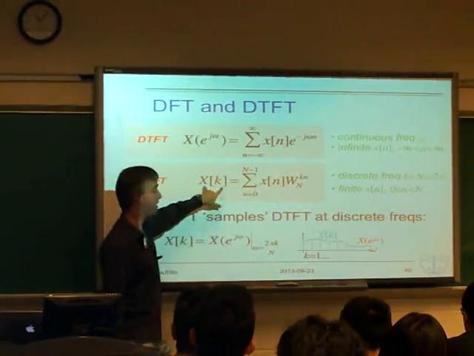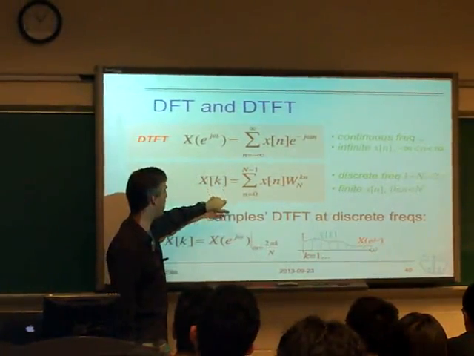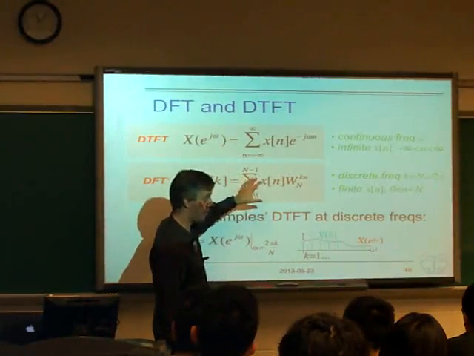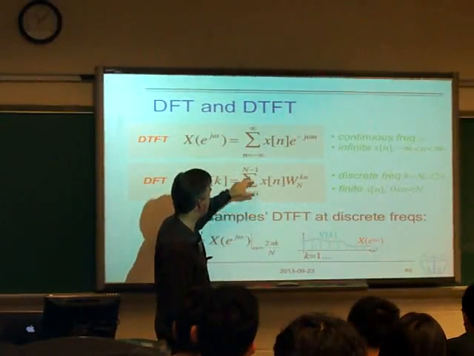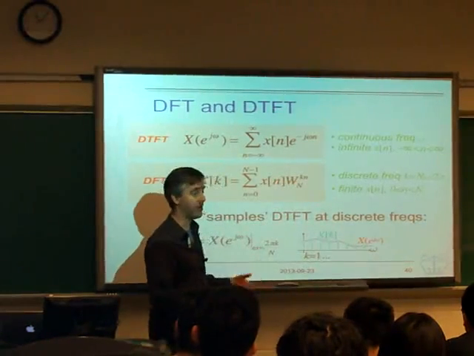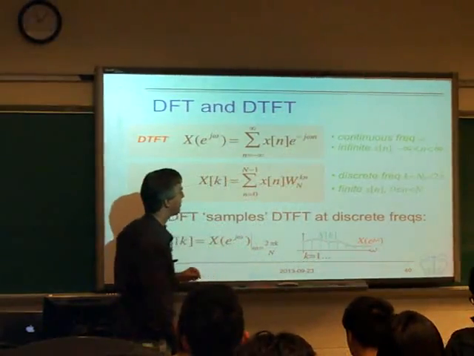DFT, X of k, a discrete, finite-dimensional sequence, is the sum over a finite number of points of x of n, because that's all that we have, for n equals 0 to big N minus 1, x of n times W sub N to the kn, where W sub N is basically this for a particular frequency.